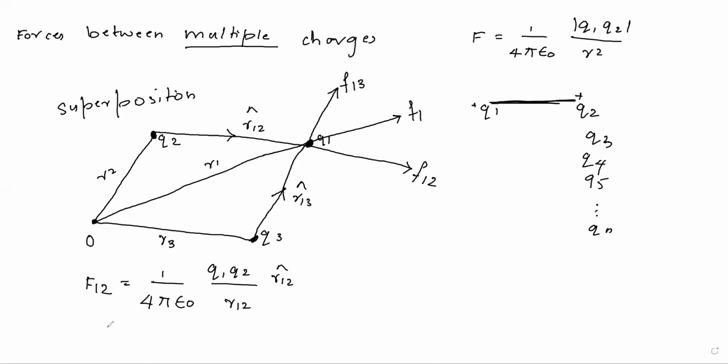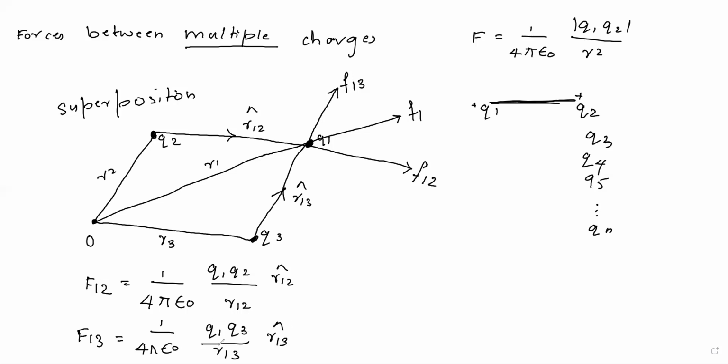Similarly, if we write the expression for F13, it is 1 by 4 pi epsilon naught Q1 Q3 by r13 squared, r13 hat.